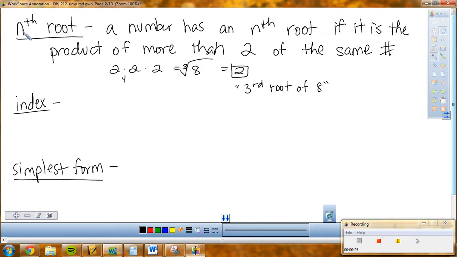So this number tells us what we're going to say. So the nth root, we just say that because it can describe any number. So I can say the third root, the fourth root, the fifth root, the sixth root. We could change that, and that just means how many times we're multiplying the same thing. The index is the little number above the symbol.